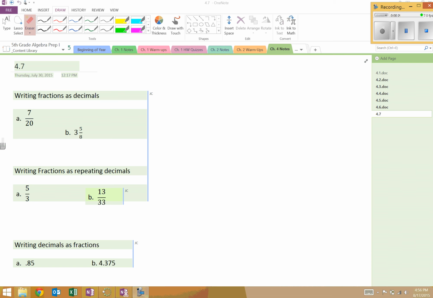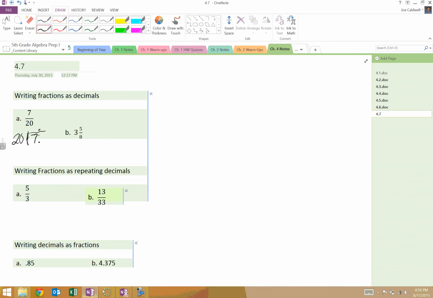For A here, you've got to know what goes on the inside and what goes on the outside. The numerator always goes on the inside. So you're just dividing it out, and we're going to have a decimal here, decimal here.